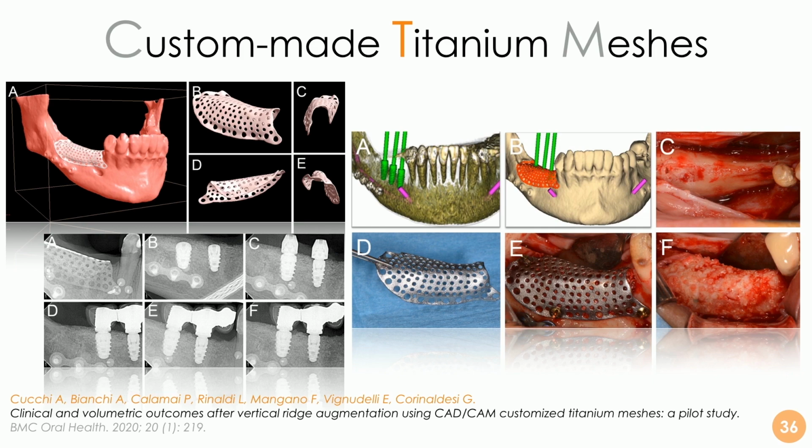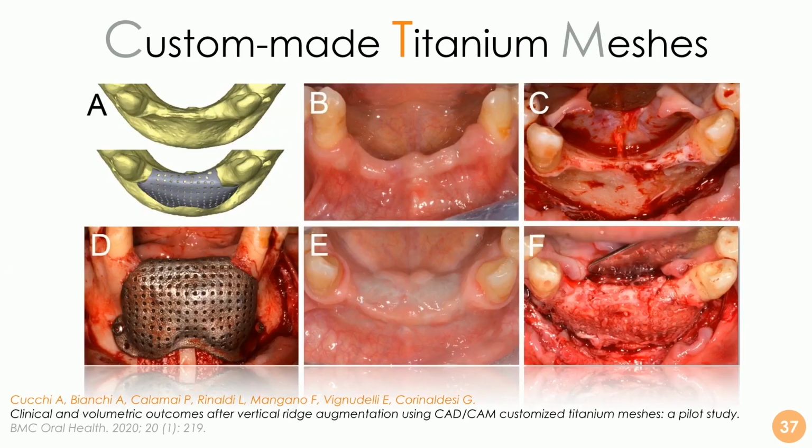The most important thing is the performance of the mesh, and as we can see from these beautiful cases made by Dr. Cucchi, the results were exceptional in different areas: posterior mandible, anterior mandible, posterior maxilla, anterior maxilla. A lot of new bone for the placement of the implants with these custom-made titanium meshes.